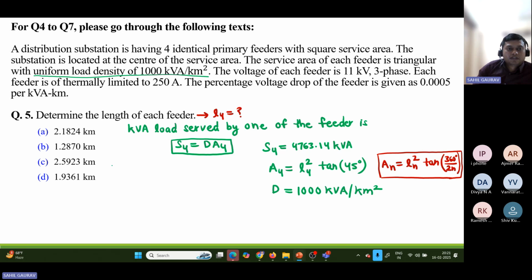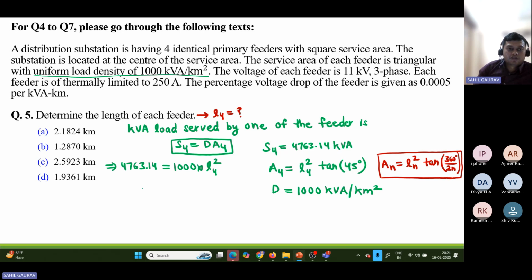So S4 is given as 4763.14 kVA. D is given as 1000 kVA per kilometer square, and A4 is given as L4 square.